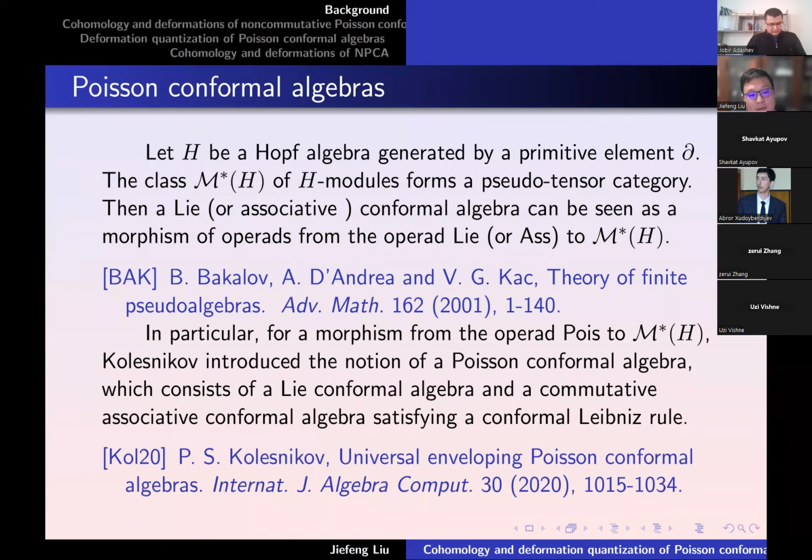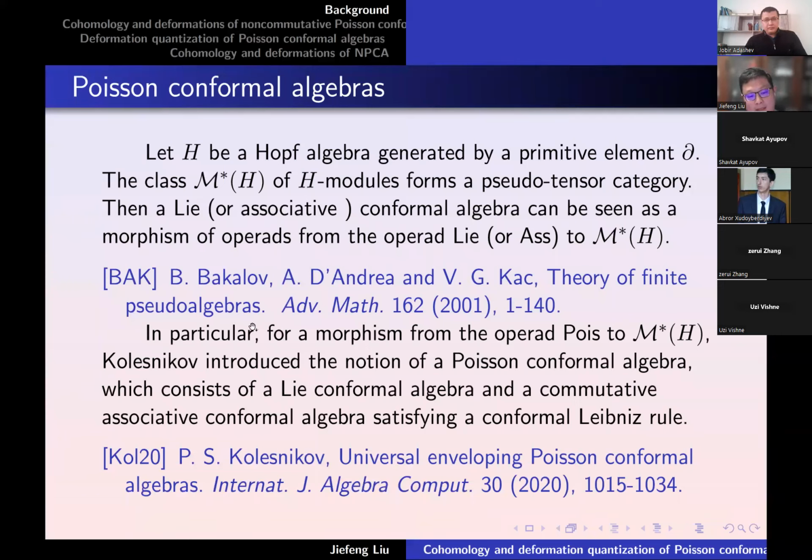Let H be a Hopf algebra generated by a primitive element partial. The class M-star H of H-modules forms the pseudo-tensor category. Then the conformal algebra can be seen as a morphism from the operad Lie to M-star H, similar for the associative case.